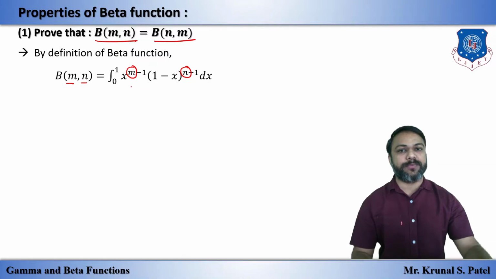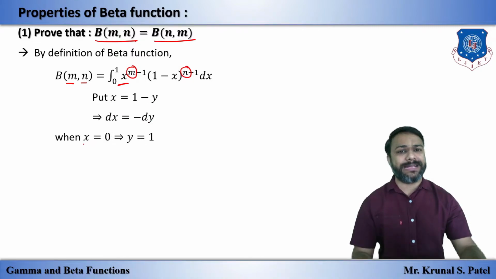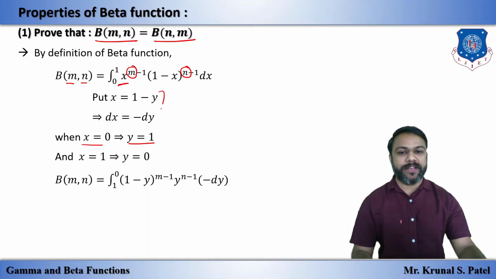For that we will suppose x is equal to 1 minus y. So dx is equal to minus dy. When x is equal to 0, y is equal to 1, and when x is equal to 1, y is equal to 0. Now put all these values in the definition.